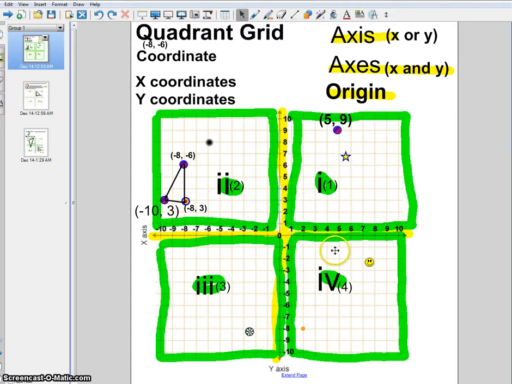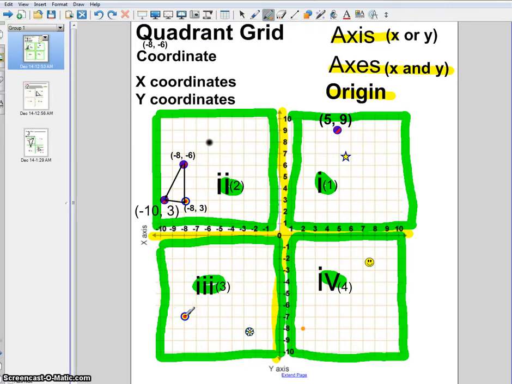If you look at quadrant number 4, let's look at quadrant number 3, right here. Only negative numbers can be placed on the x and y coordinate pair if you're trying to mark something in quadrant 3. If you don't believe me, watch. I'm just going to put this coordinate in any random spot. Right here.